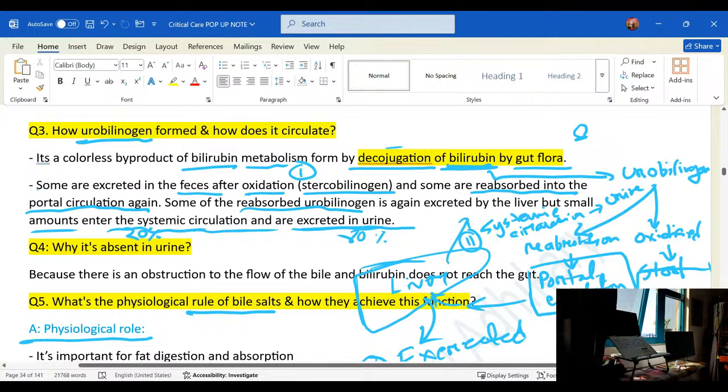Urobilinogen is a colorless byproduct of bilirubin metabolism, deconjugated by gut flora.